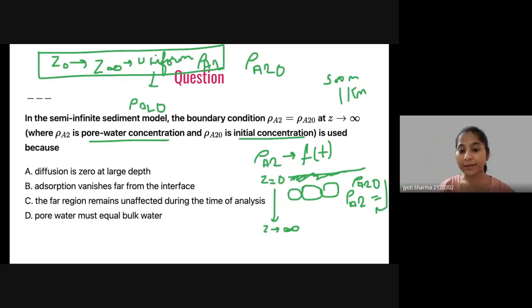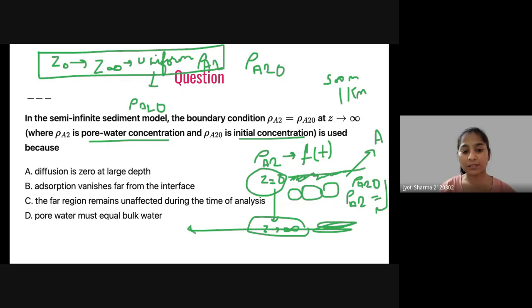There will be less concentration of A near z equal to 0. But what we are saying is that our condition is when z is approaching infinity. So here there is no deficit of the concentration. Whatever concentration of A we had initially will be the same at z approaching infinity.